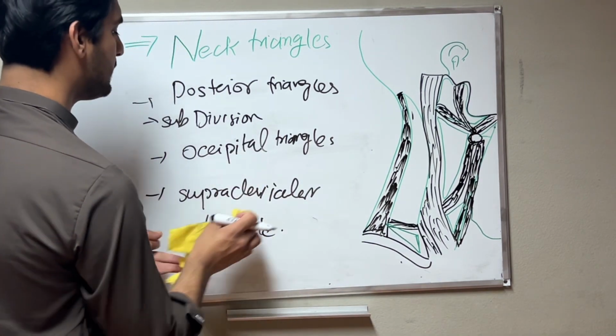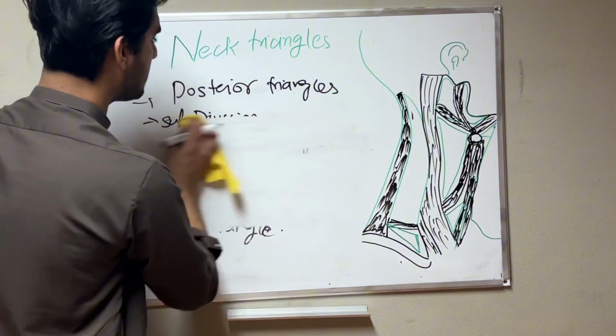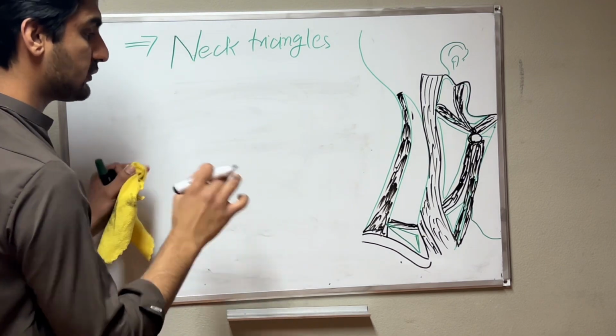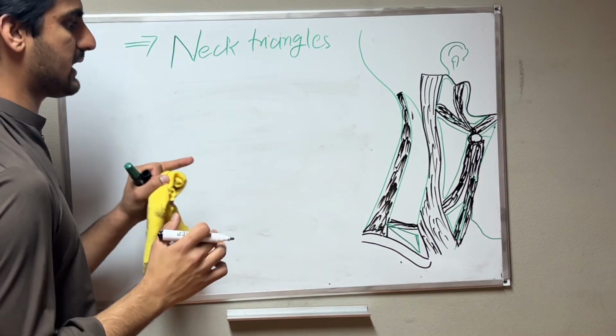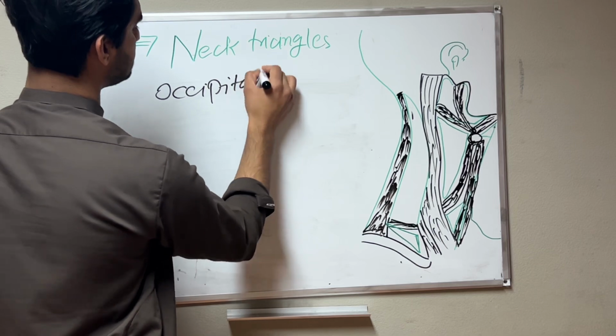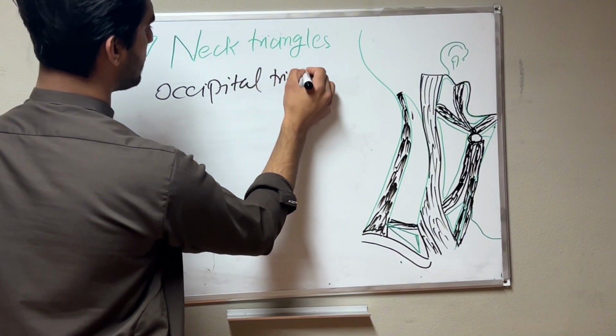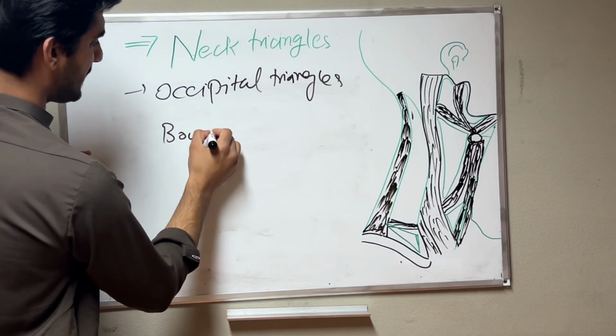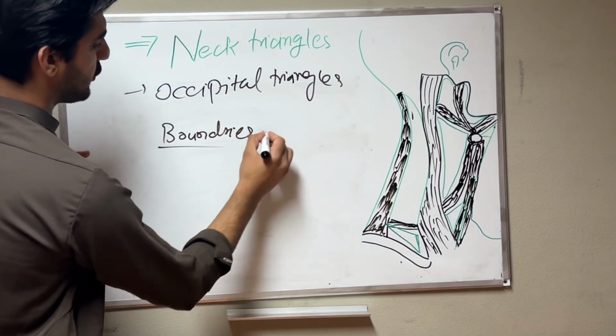First, the occipital triangle. Don't forget we are talking about the posterior triangle. First we will discuss the boundaries of the occipital triangle, which are very simple.